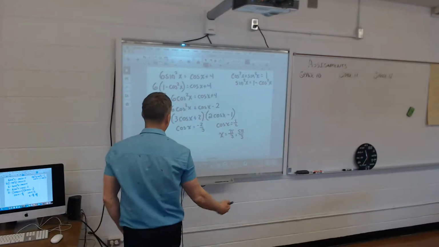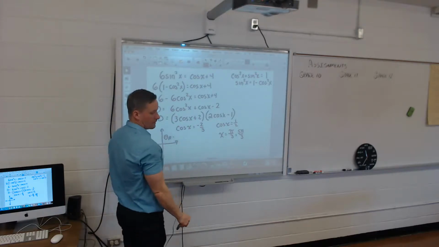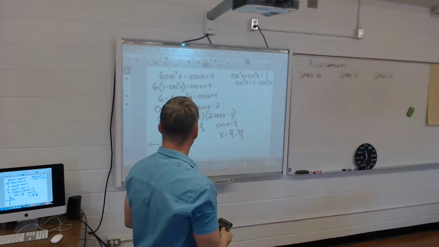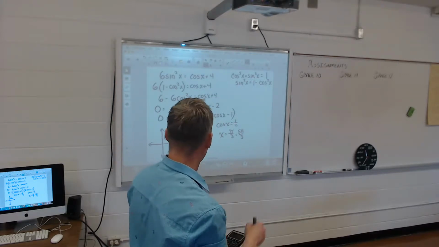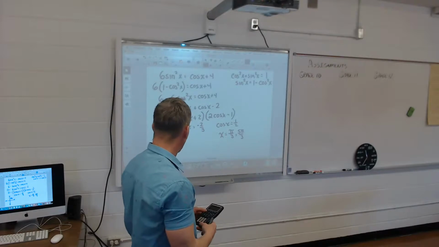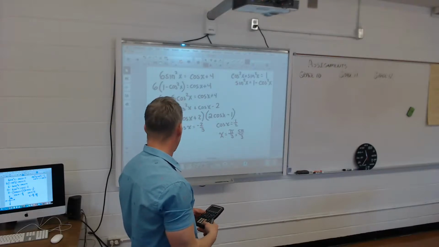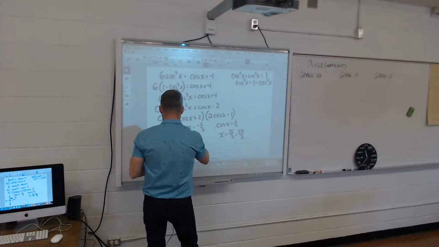Now we need calculators. You have to change your calculator into radians. So this is what we did two units ago. Second function cos of 2 divided by 3. My reference angle is 0.841.